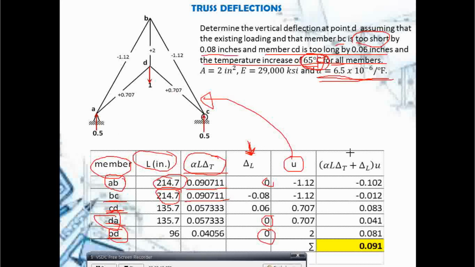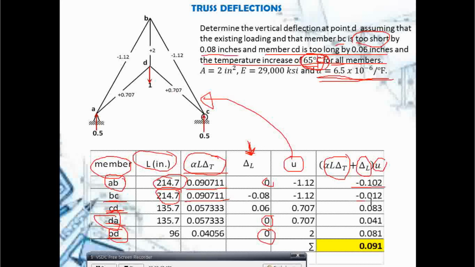Then, the change in temperature plus the fabrication error, multiply it by the U, that is 0.090711, multiplied by plus 0, multiplied by negative 1.12 is equal to negative 0.102. For BC, 0.09011 plus negative 0.08 multiplied by negative 1.12.